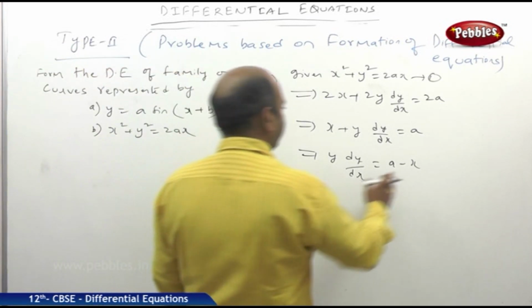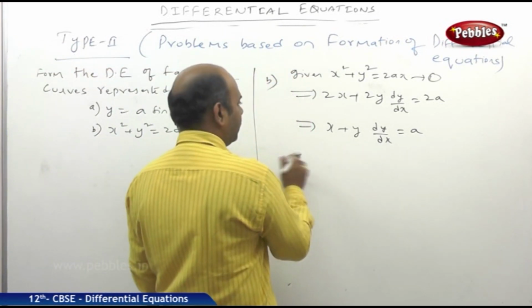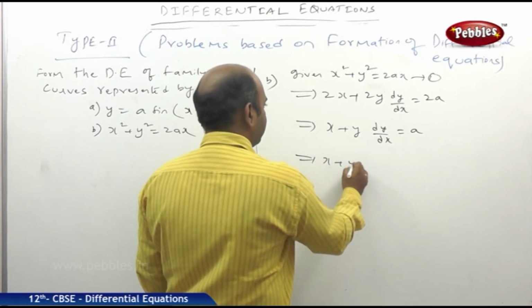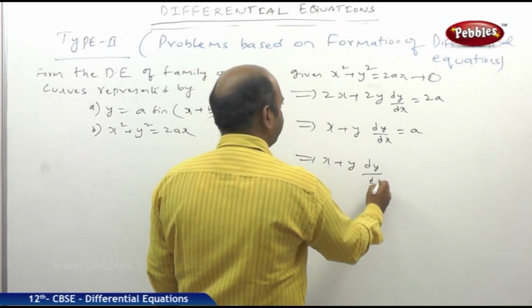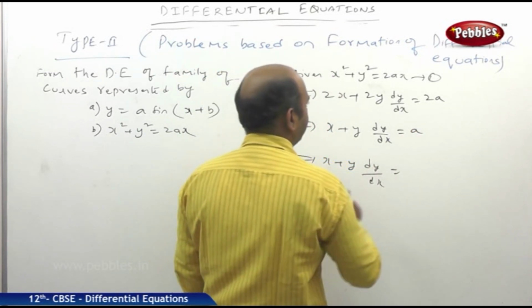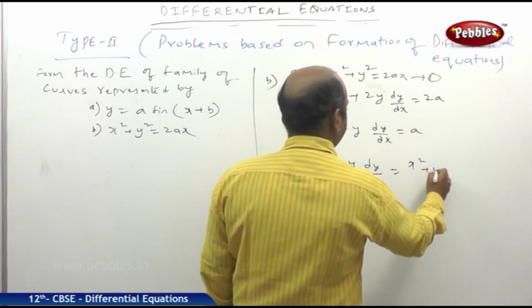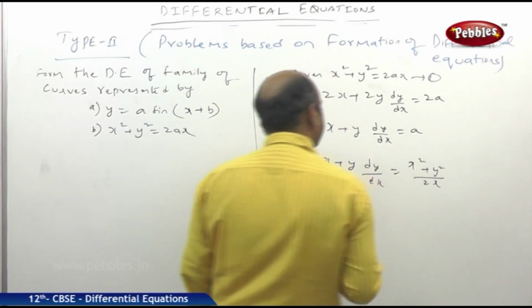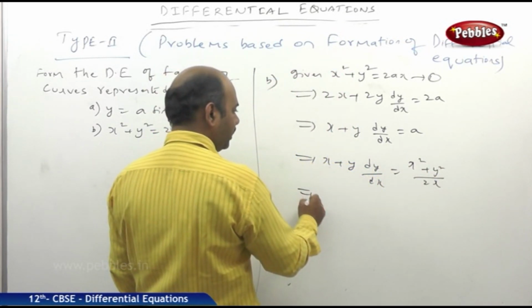So what I will do is, here itself, x + y dy/dx, and in place of a I can write (x² + y²)/2x. I think our problem becomes very easy.